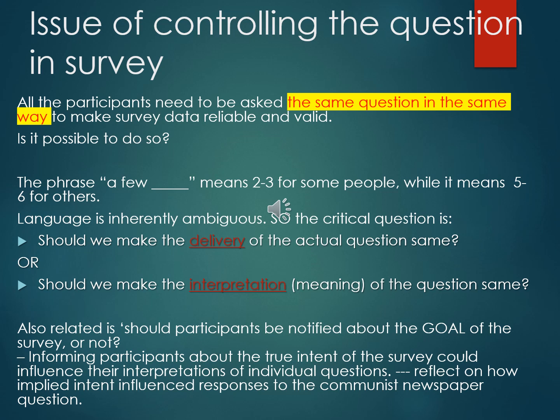Also related is, if you provide the overall goal of the survey, does it include the accuracy of the interpretation of each individual question by survey respondents? These are all very complicated questions, and I don't think there is a clear and simple answer. I'm just giving you this as food for thought.